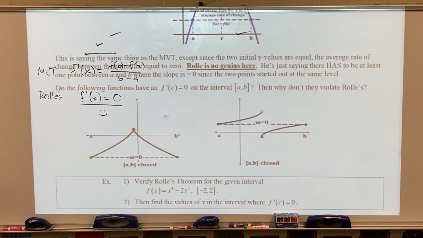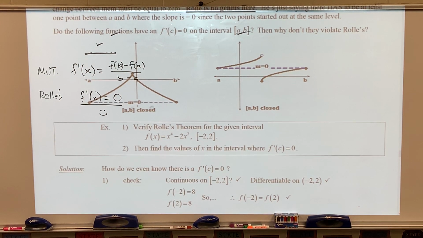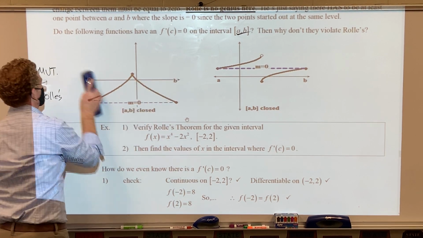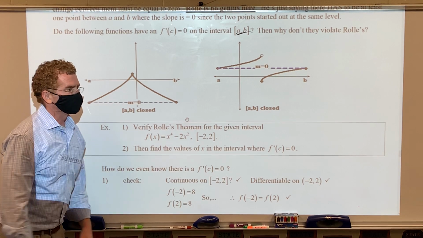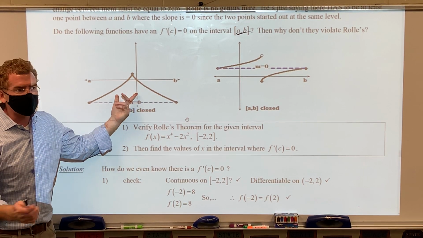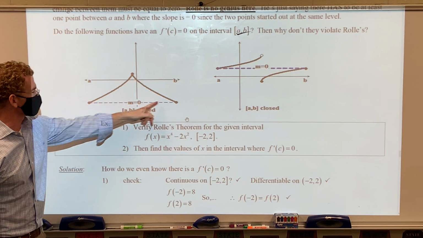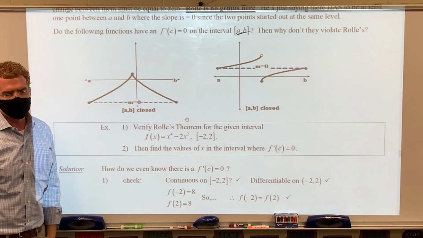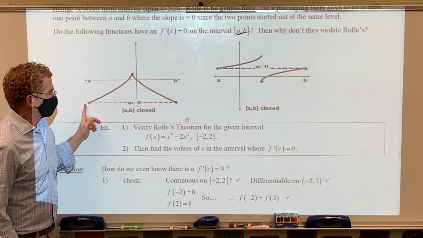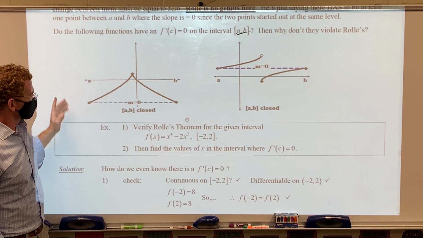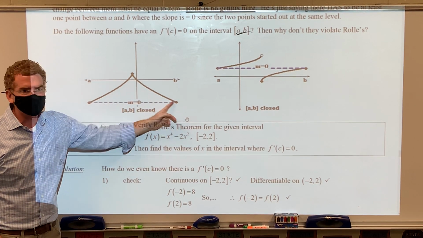Oh, by the way, you'll notice right here, on this closed interval, there is no slope of 0. Is there? No, because it's not differentiable. It didn't meet the conditions. AP likes to ask questions like that. They give you a function, they say, hey, why does this violate Rolle's theorem? And they'll say, hey, it's continuous on the closed interval, and then they'll say something like, the average rate of change is 0.